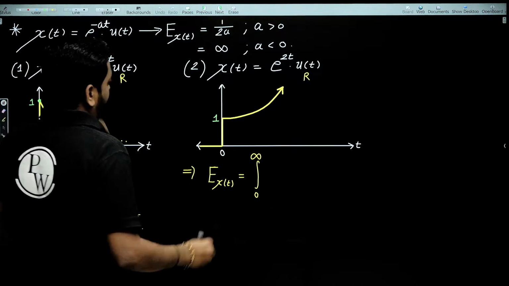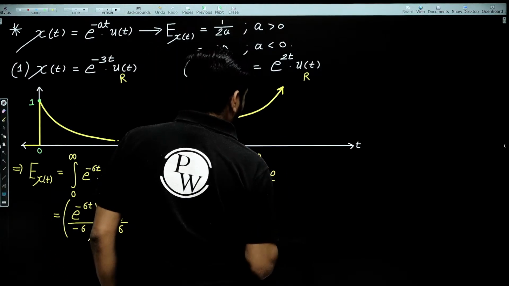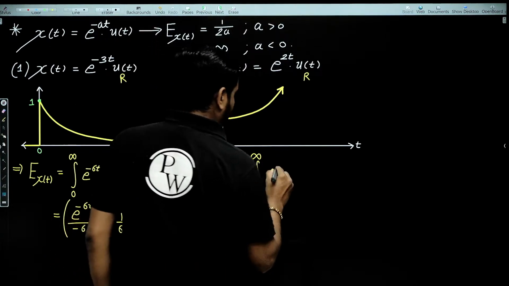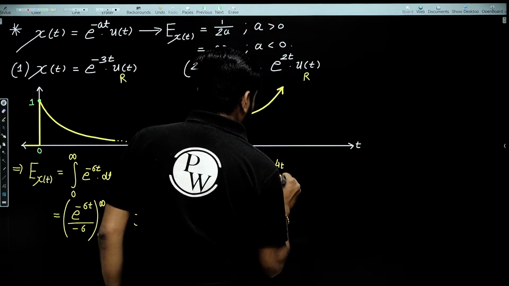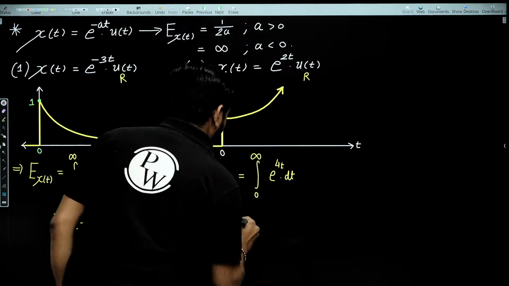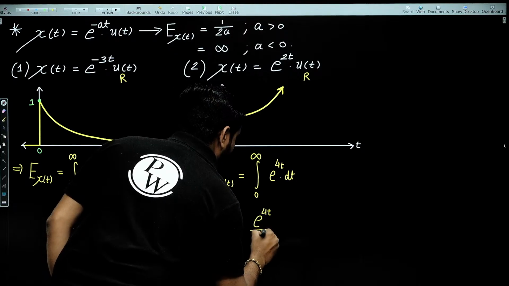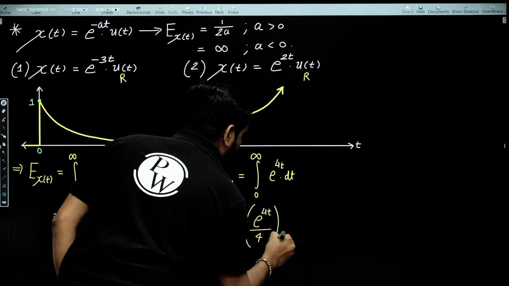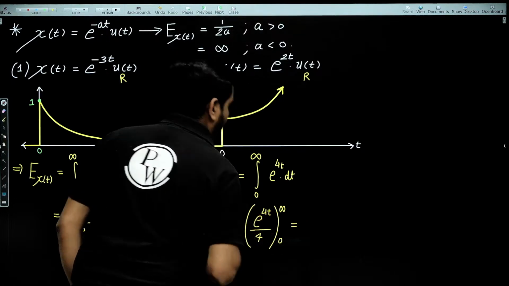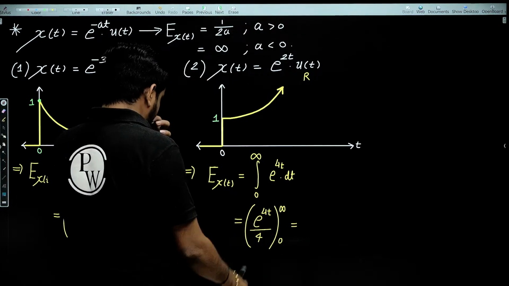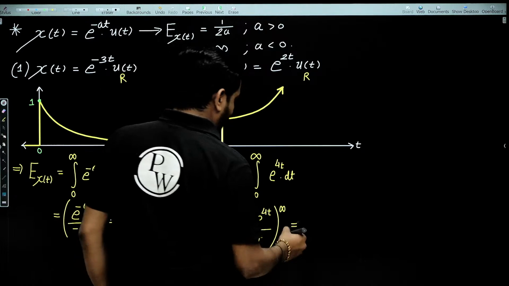So 0 to infinite, now square of this signal. Don't forget to square. So here e power 4t dt. So here e to the power 4t divided by 4, 0 to infinite. So here e power infinite is what? Infinite, correct?